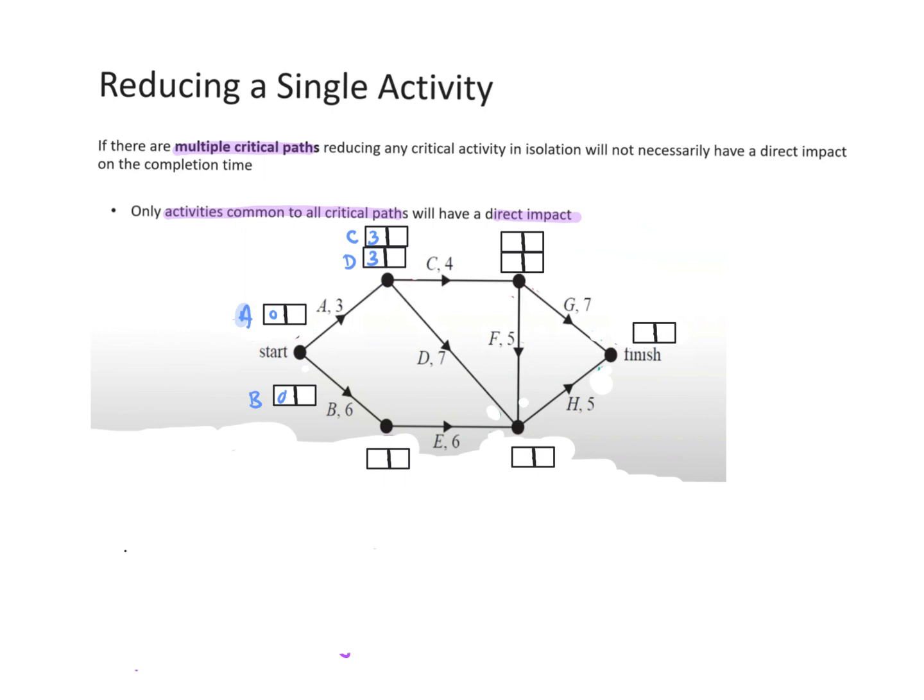If I look down the bottom, E has to wait for B to finish, so it's 6. When I get down to H, it has to wait for E, D, and F to be finished. So I need to make sure I get there first before I decide.